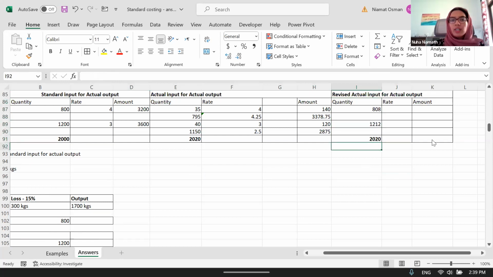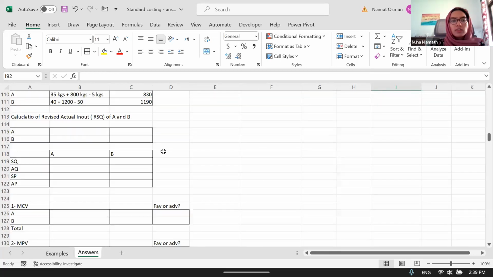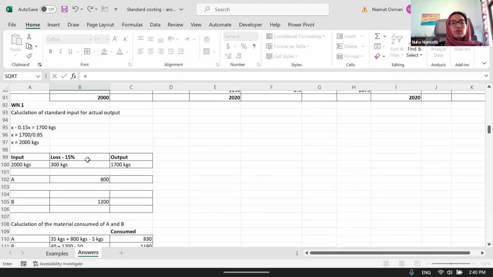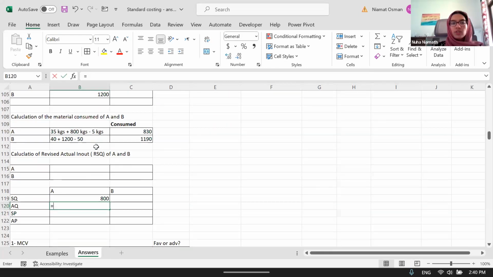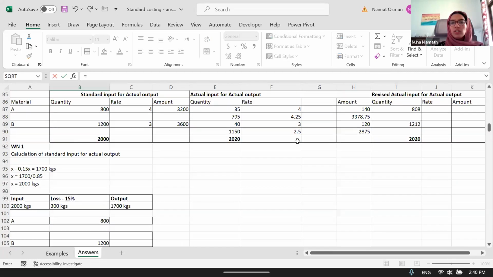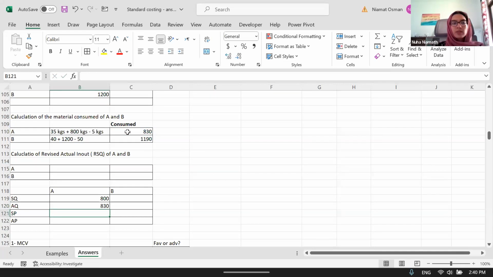All right. So once you have filled up all these details, we can proceed with our answer. What is our answer here? So let's bring up all the details here. SQ: what is our SQ? 800. What is our AQ? AQ is actually 795 plus 35, which is 830.